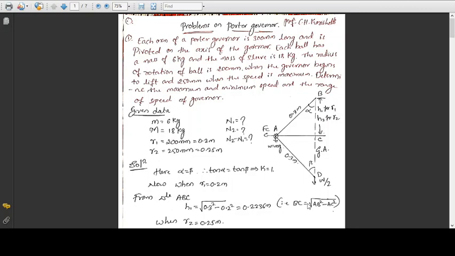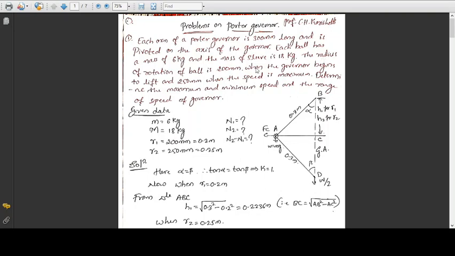The problem statement is given like this: each arm of a Porter governor is 300 mm long and is pivoted on the axis of the governor. Each ball has a mass of 6 kg and the mass of the sleeve is 18 kg.